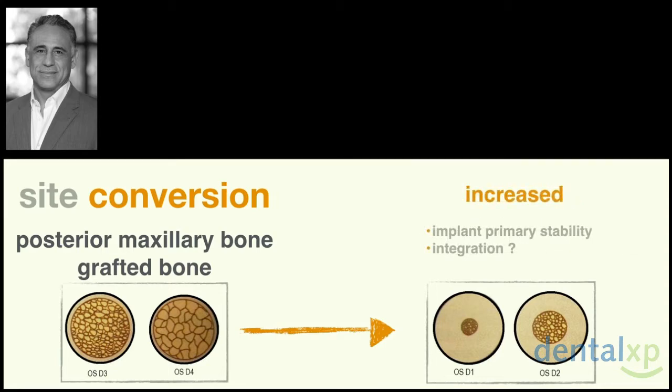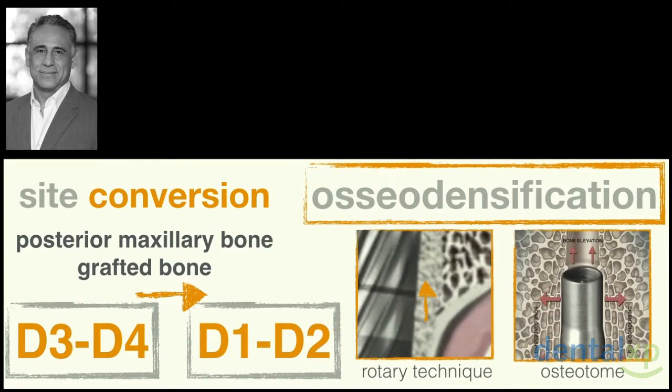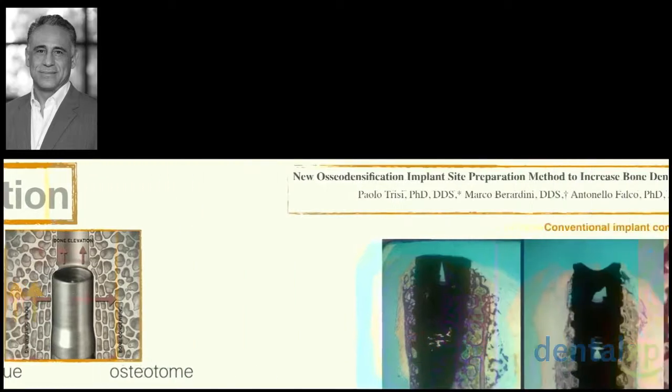Once we convert it, if we're able to, that will probably provide us with better implant stability and perhaps even better integration. So we do that with the osteodensification technique. Osteodensification is not a new concept. It's been around for a very long time, and we have used various types of osteotomes to be able to perform this. And of course, now we use more of the rotary technique, which we'll demonstrate.